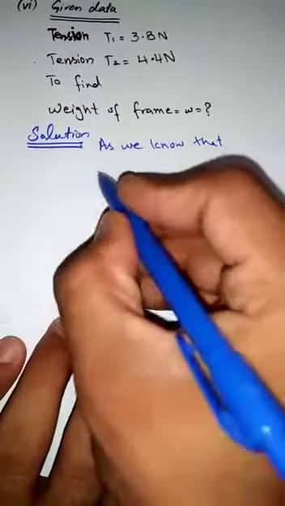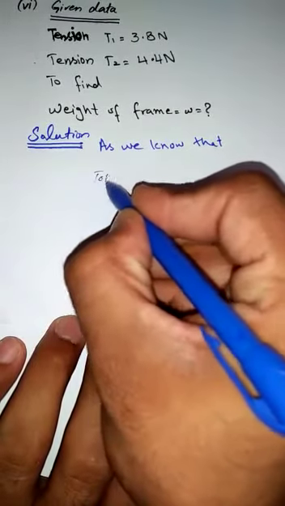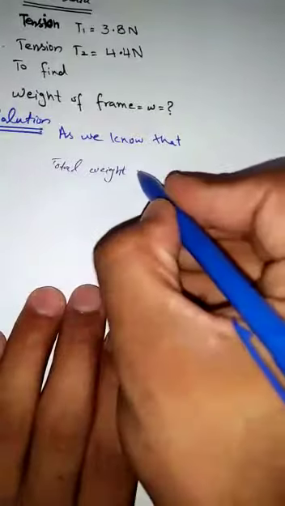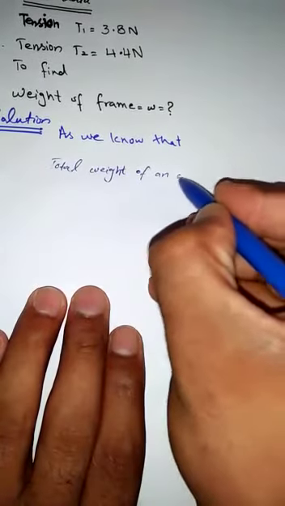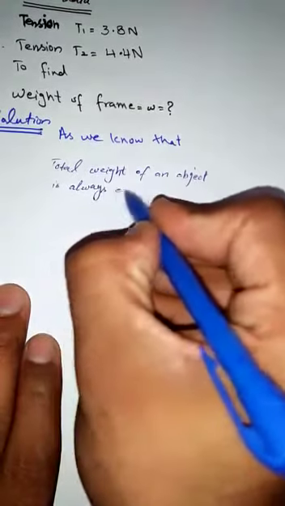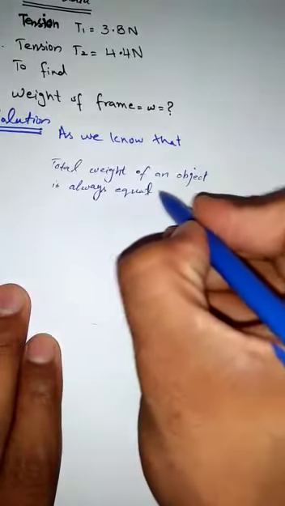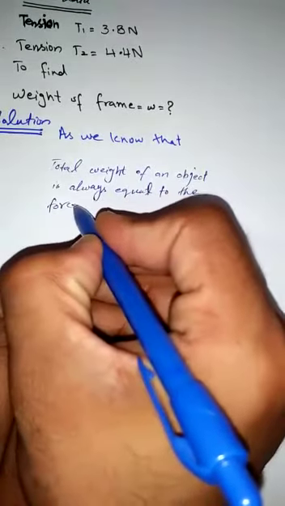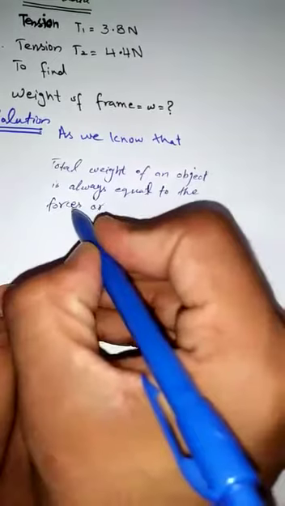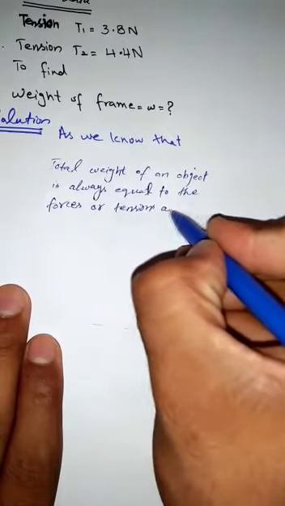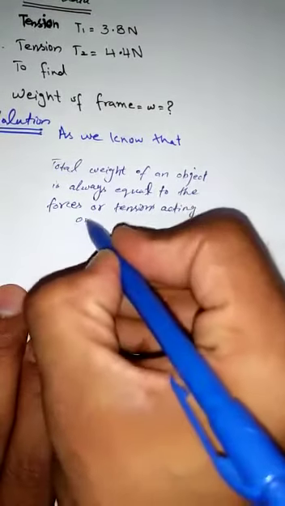As we know, the total weight of an object is always equal to the forces or tensions acting on it.